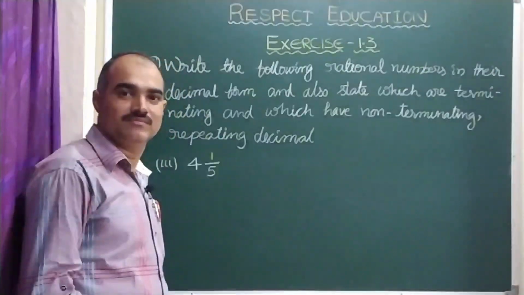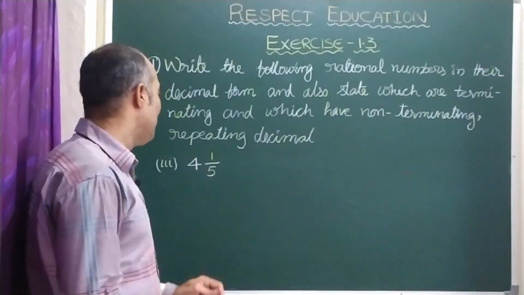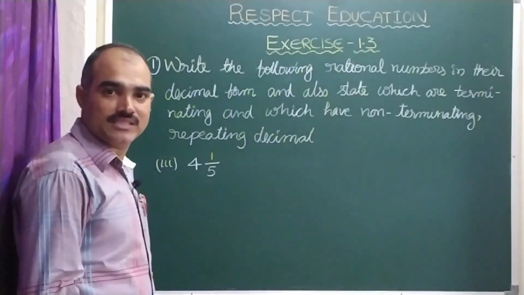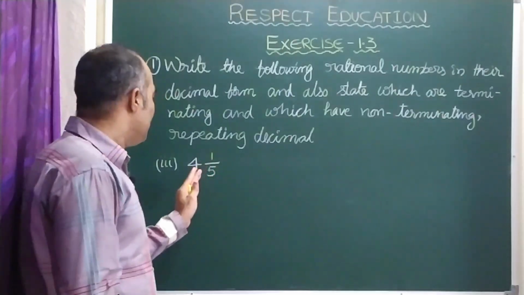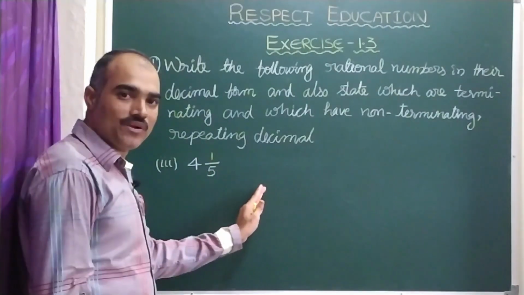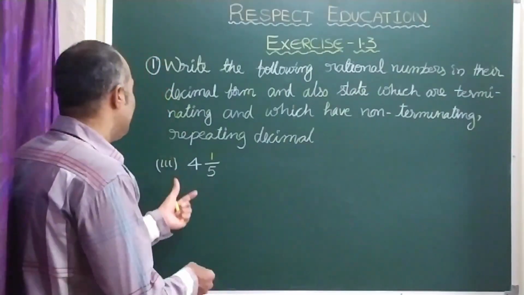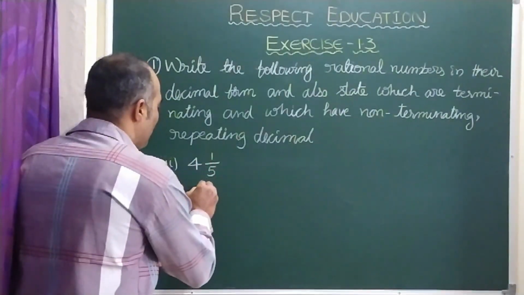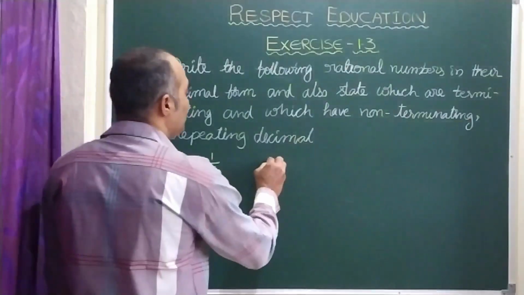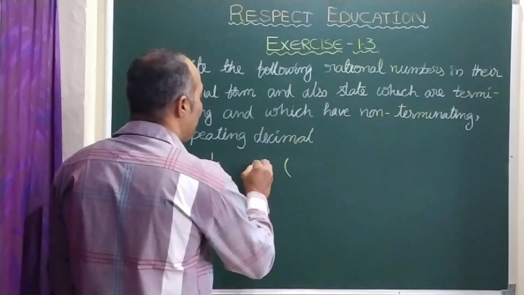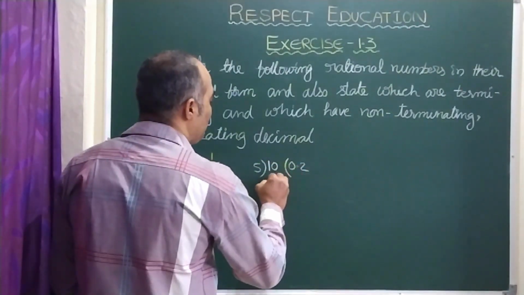Right? Now let us see the next bit, the third bit, 4 1 by 5. It is a mixed fraction, children. Two ways are there. We can convert this to an improper fraction, then do division. That is one method. If not, directly you can write this 4 as it is and divide 1 by 5. So 1 by 5, 0 point, 1 becomes 10, it is 2, 5 2s are 10.